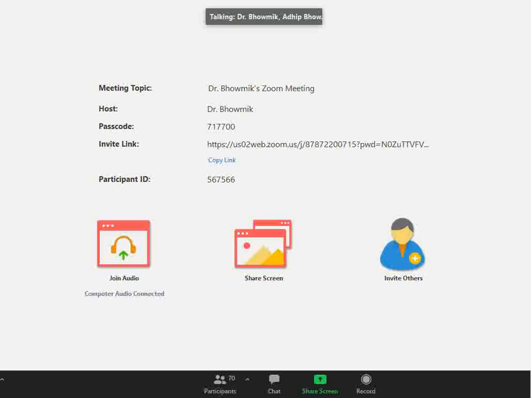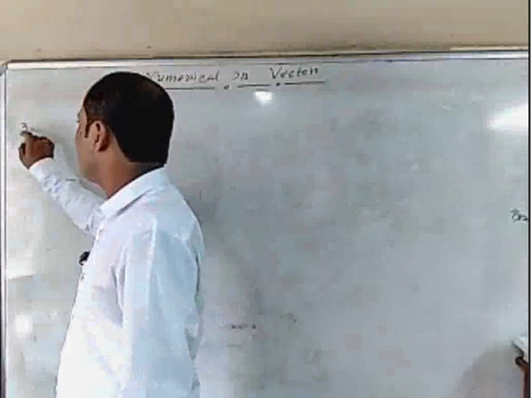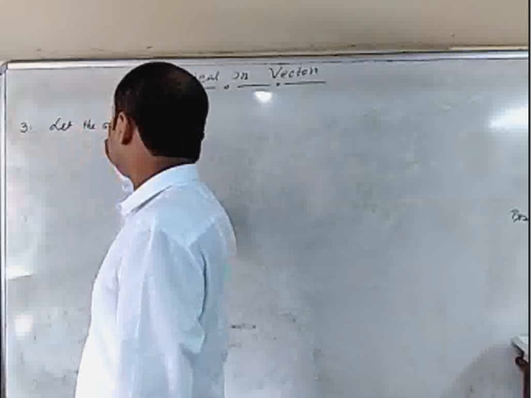Listen. Two forces of magnitude F have a resultant of the same magnitude F. What is the angle between the two forces? That means at first I have to consider, let the angle be theta.